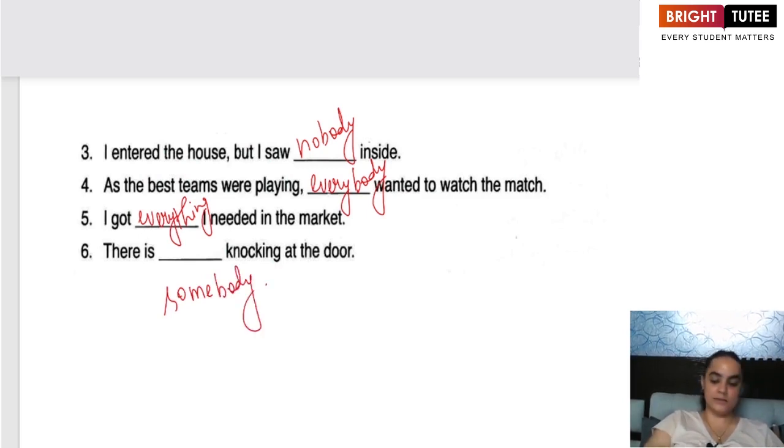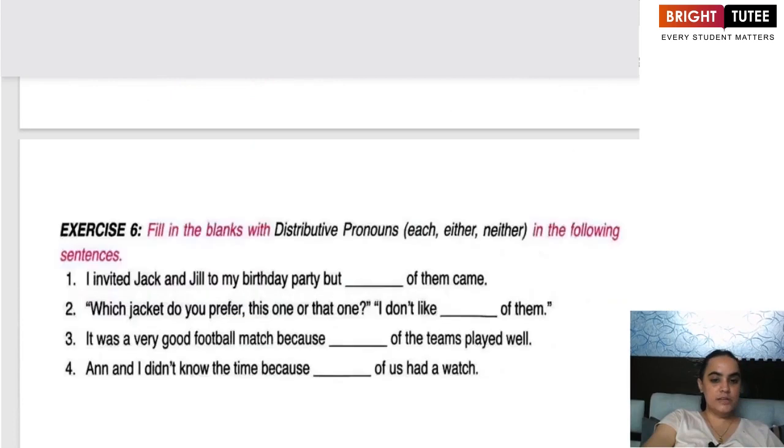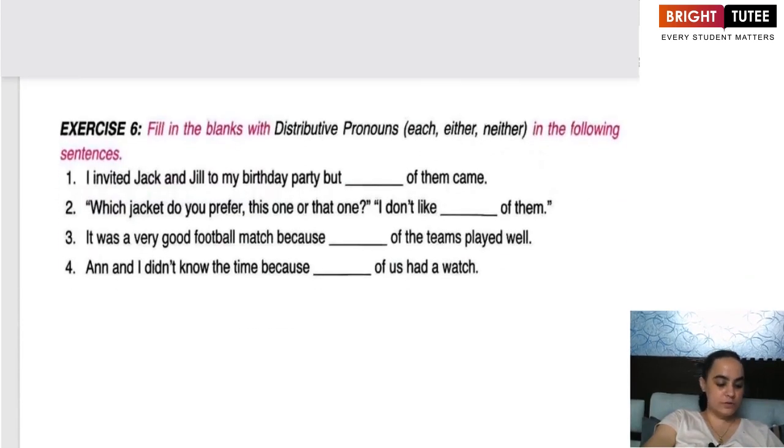All right. The next question is, you have to fill in the blank with the distributive pronouns. We have 10 sentences. I'll do the first 5 with you. I invited Jack and Jill to my birthday party, but neither of them came. Which jacket do you prefer, this one or that one?